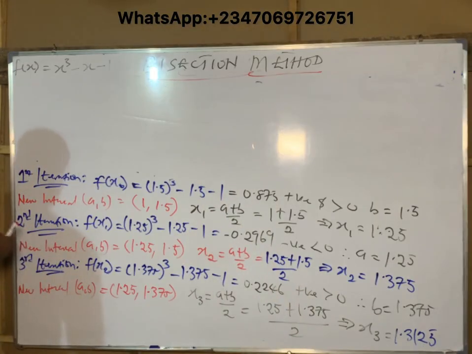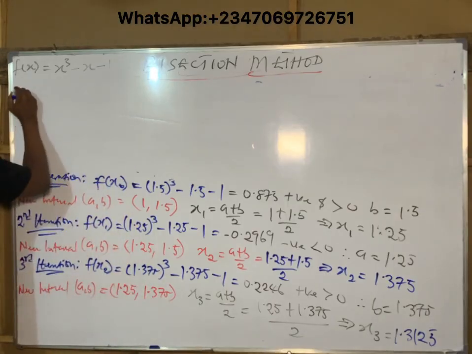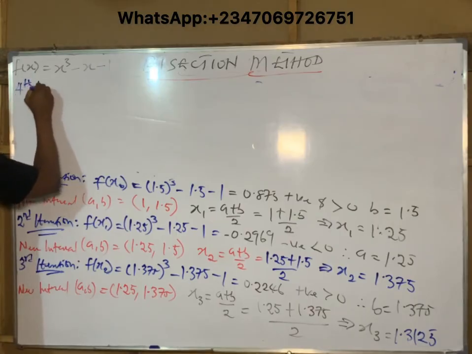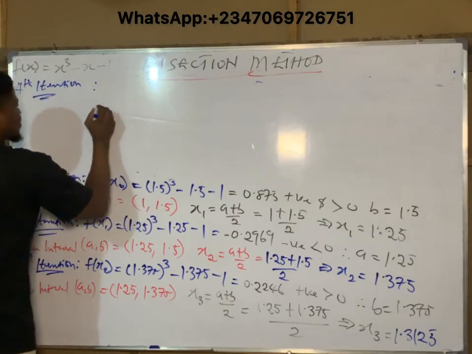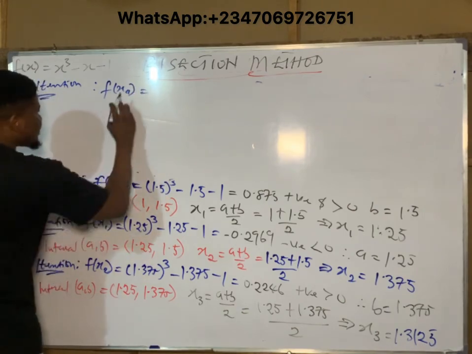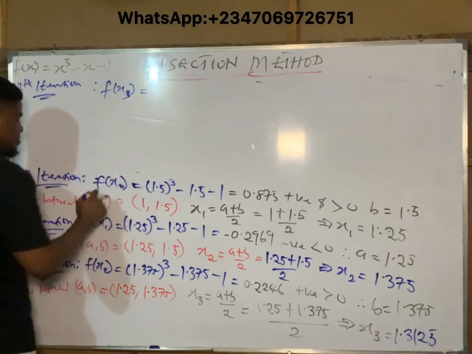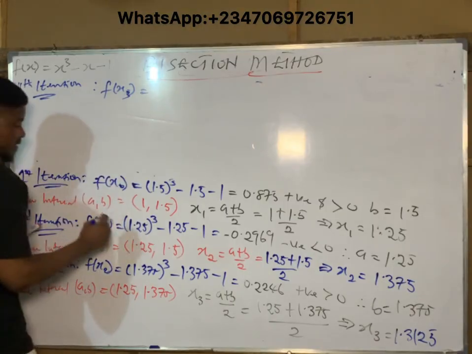So having found x3, now we perform the fourth iteration. So this becomes f of x3. So we simply plug in the value of x3 into the equation.